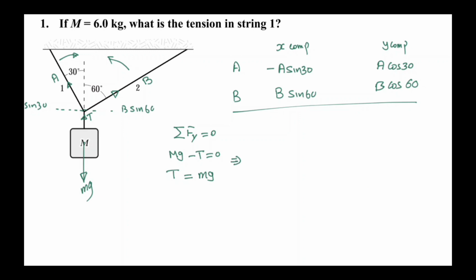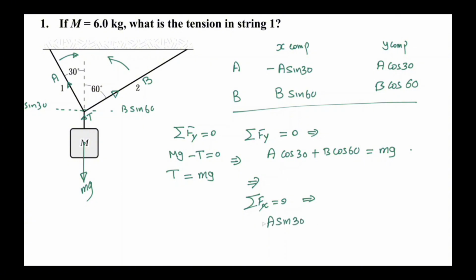Now to find T1 and T2, the sum of all forces on y for the other system is equal to 0, so A cosine 30 plus B cosine 60 is equal to the tension T. The other equation we can get from the x components: the sum of all forces on x is equal to 0, or in other words minus A sine 30 plus B sine 60 equals 0, and from this A equals B sine 60 over sine 30.